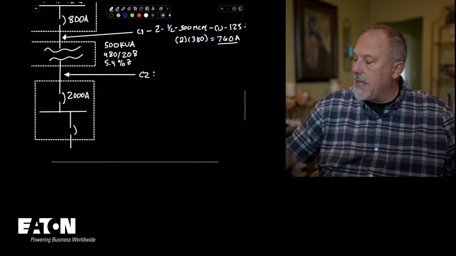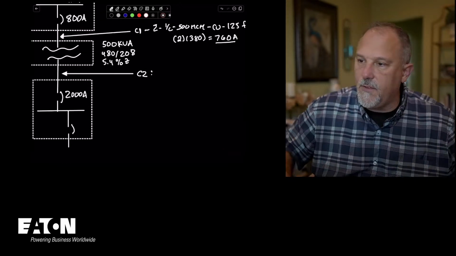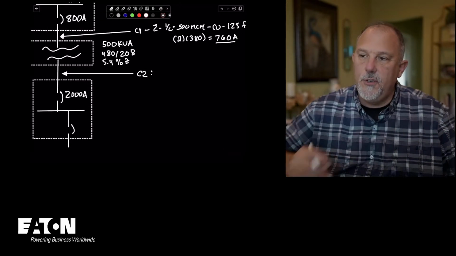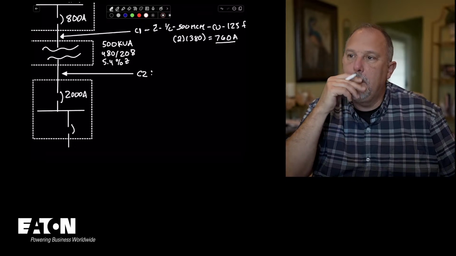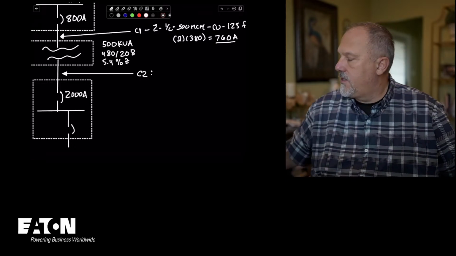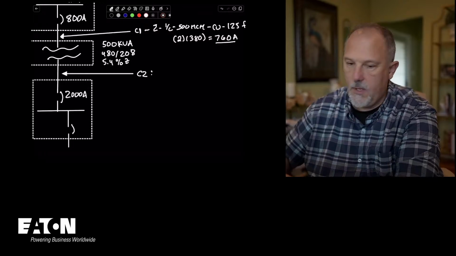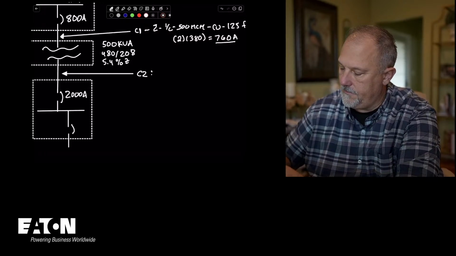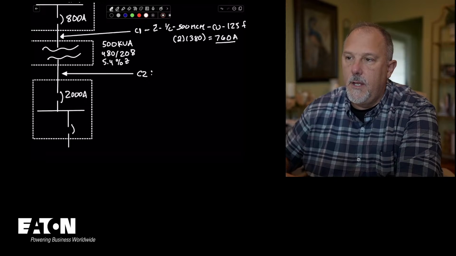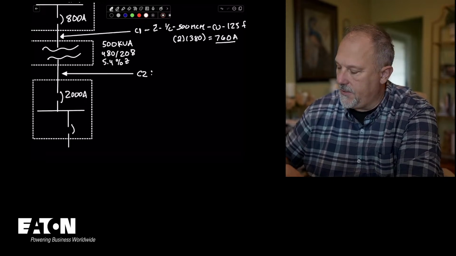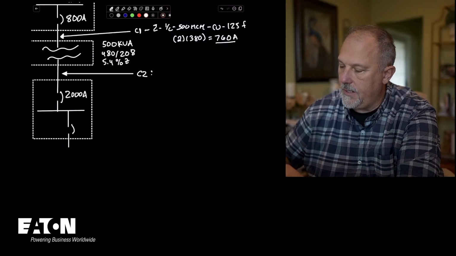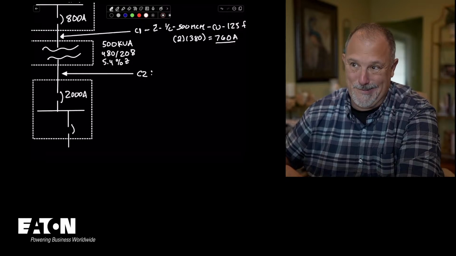Now, let's pick the 2000 amp. David, tell me, what do you think for 2000? Would you do... 2000 amps. If I did 500s, 380 divide, that's like 6 of them puppies.